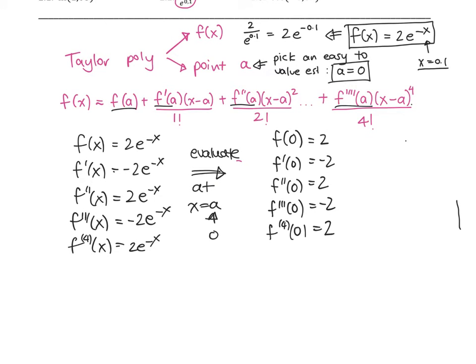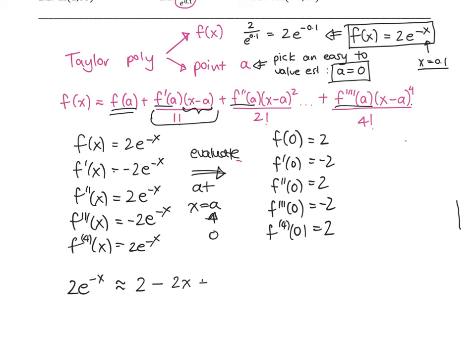So here's our Taylor polynomial. We have 2e to the minus x is approximately equal to, so now we need our f at a, which is 2. And then we have our first order term, which is minus 2x, because our x minus a is giving us just x.